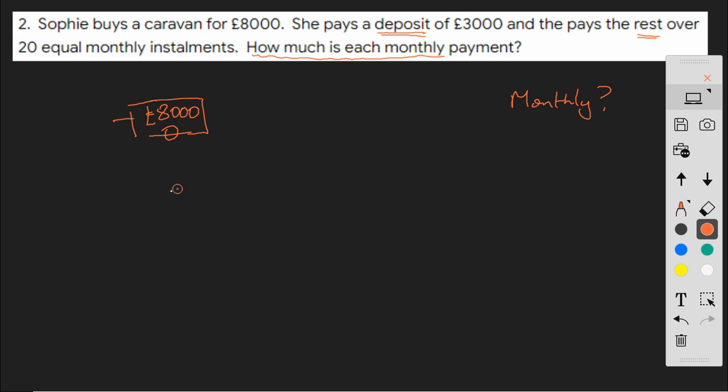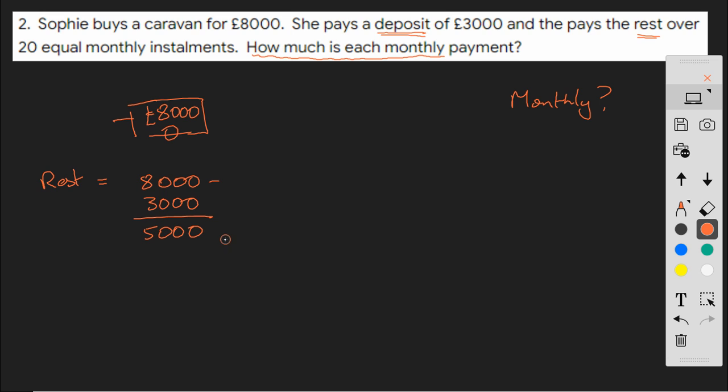So that should be hinting to us that the rest is this 8,000 less the 3,000 deposit.